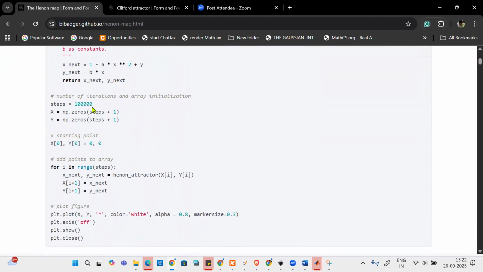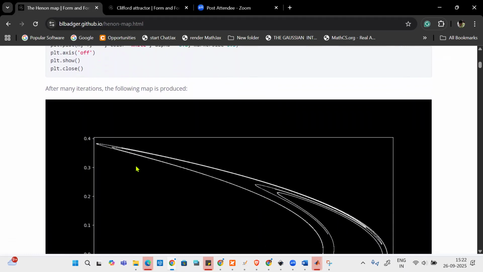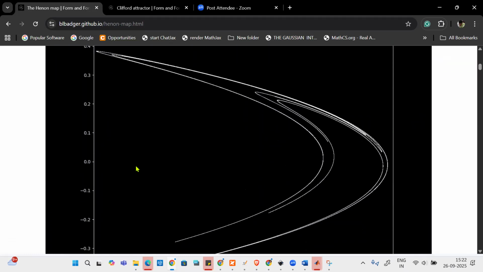They use 1 lakh, 100,000 iterations, starting from the initial condition 0, 0. This is how they are iterating the Henon attractor map, plotting it with white dots in a black background. And that's it. You can see this is how the Henon attractor looks.